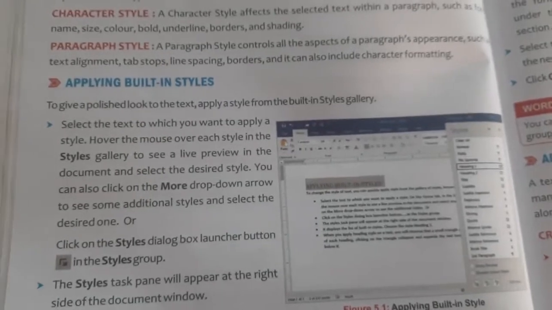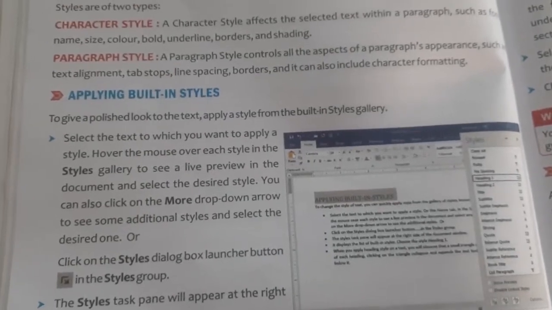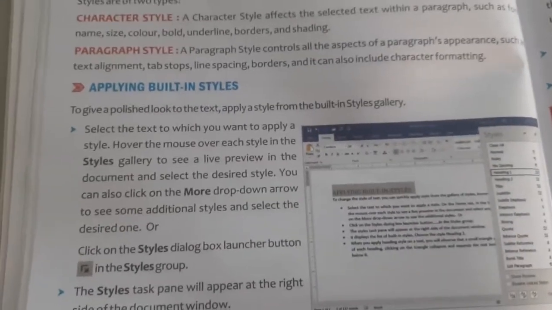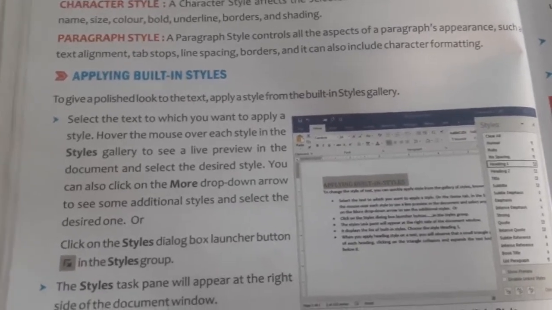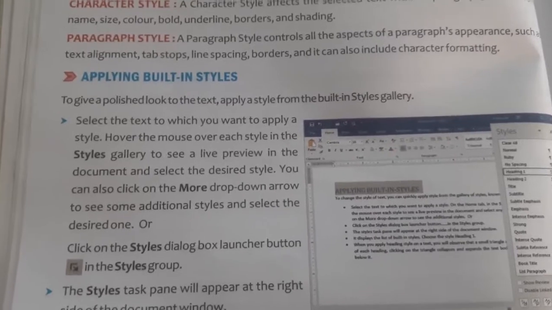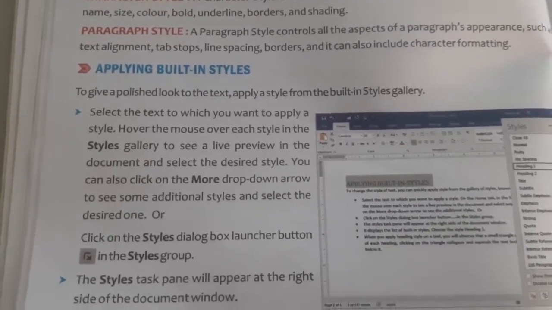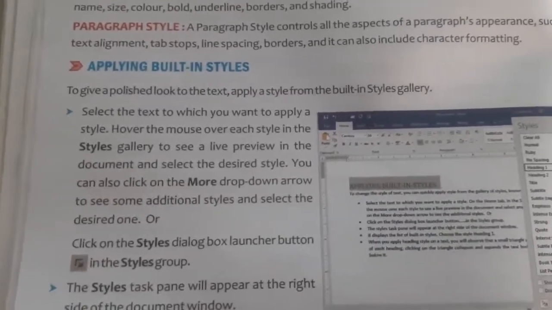So now the next topic is applying built-in style. To give a polished look, or an attractive look, to your text, you have to apply a style from the built-in style gallery. If you want to apply a built-in style, first select the text to which you want to apply a style.